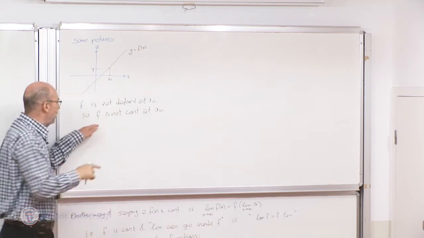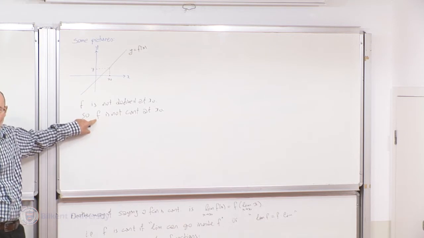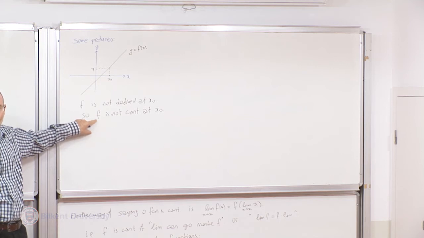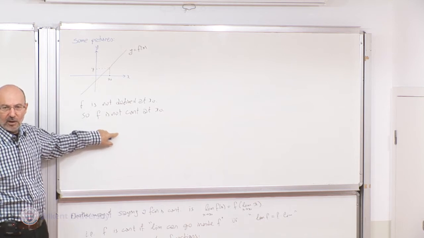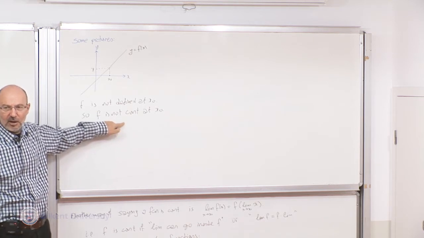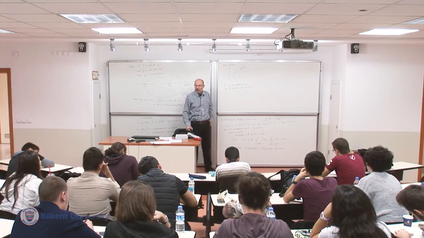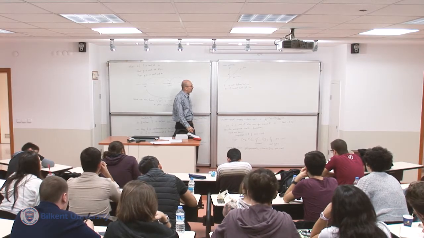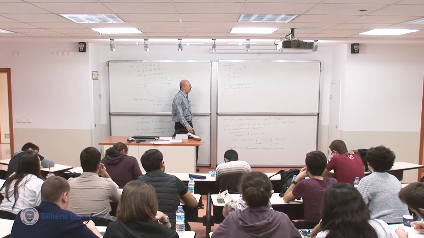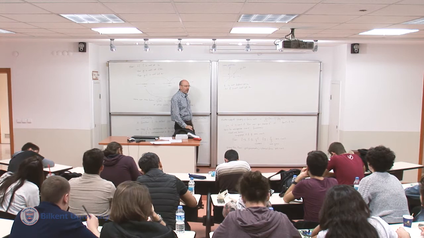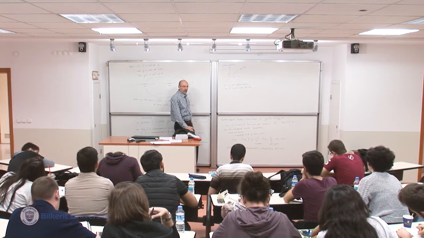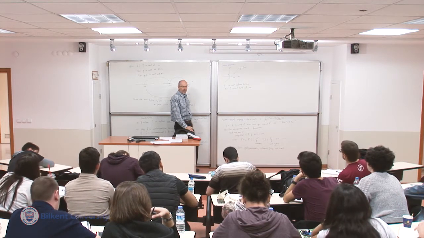So you see that I reached this conclusion without actually calculating the limit, because I don't need to. In the definition of continuity, I calculate the limit, I calculate the value of the function, and I check if they are the same. But the value of the function does not exist, so I stop there. The function is not defined, stop there. f is not continuous there, because one of the trivial conditions of continuity is that the function must accept a value there.